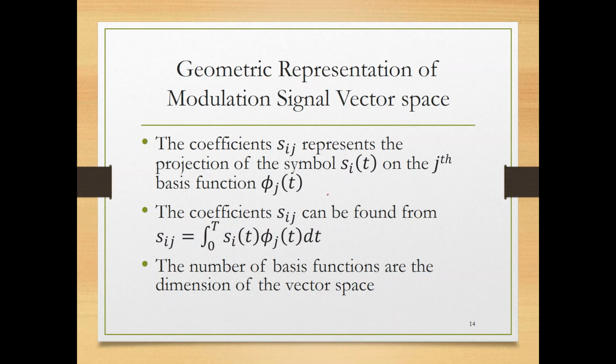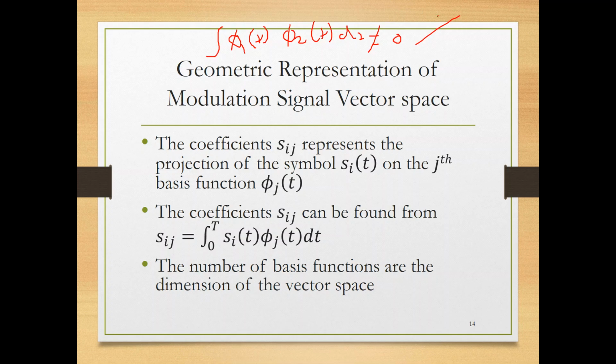You take the two basis functions that are claimed to be orthogonal, and you find the dot product. The dot product is basically, you take the first basis function and the second basis function, and you multiply them with each other. If the result is 0, they are orthogonal; if the result is not 0, then they are not orthogonal.